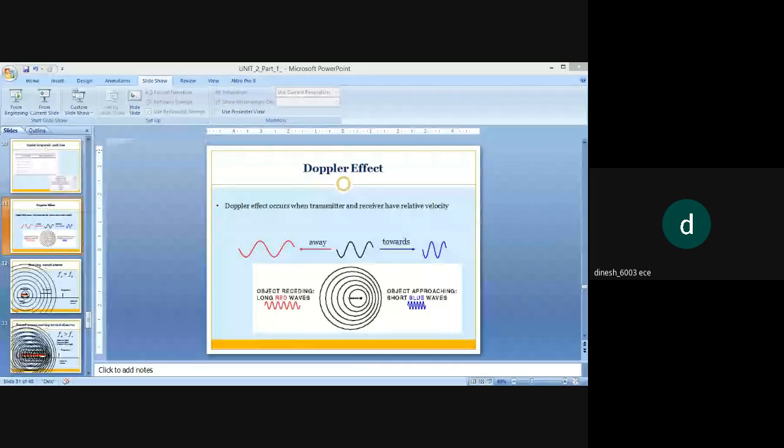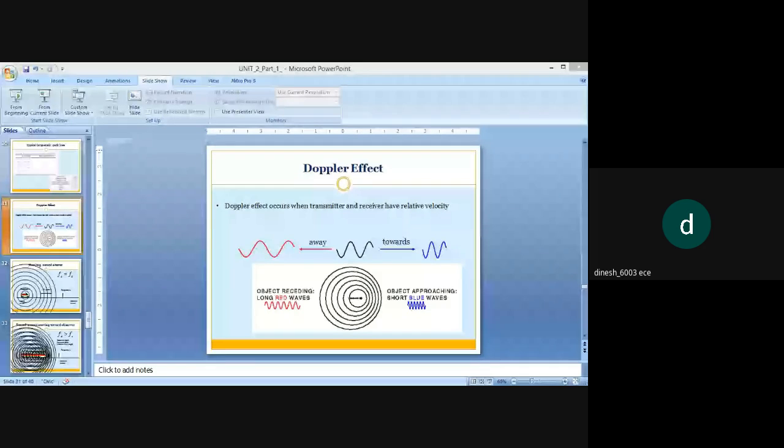Next, the vehicle is passing, or it is moving away from the observer. Now let us see. The sound source is moving away from the observer.